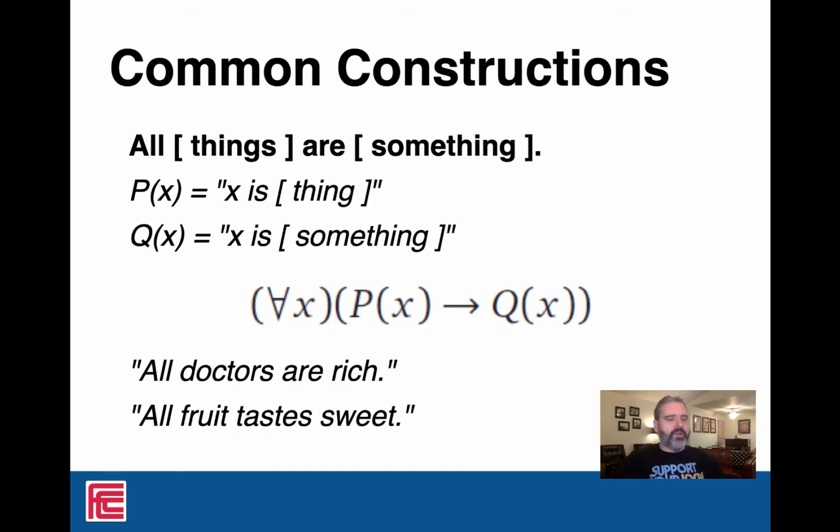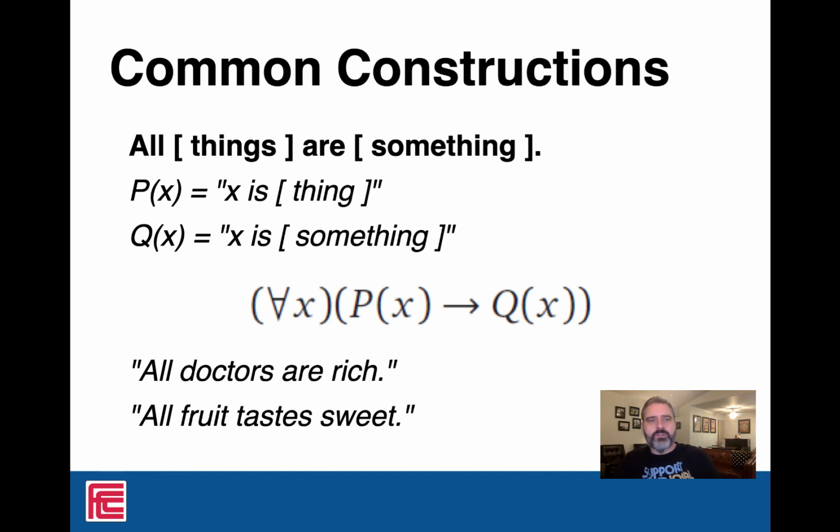So whenever you hear a sentence like all things are something, if P(x) is x is the thing, and Q(x) is something, then you could say for all x, P(x) implies Q(x). In other words, if you have the property P, that implies you have the property Q.